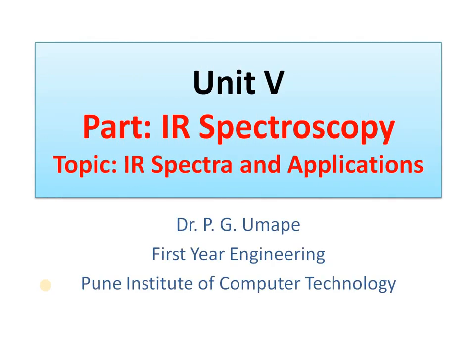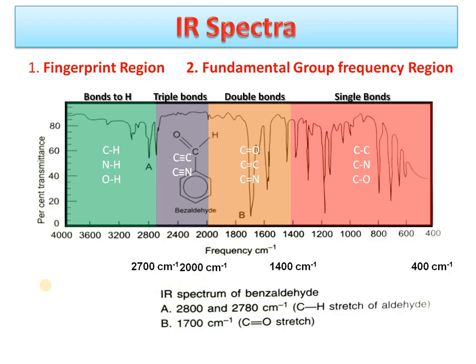So in this session we are going to discuss the topic IR spectra and applications of IR spectroscopy from unit 5, that is the spectroscopic technique part, IR spectroscopy. What is the IR spectra? IR spectra is a graph in which the x-axis is the wave number in centimeter inverse or frequency, and the y-axis is the percent transmittance or absorbance.